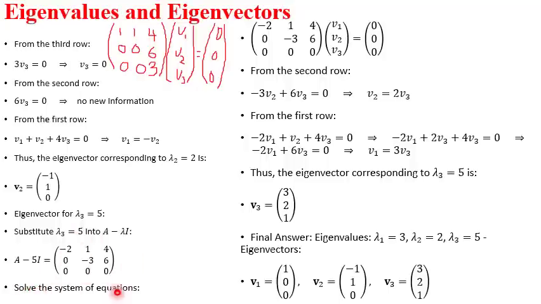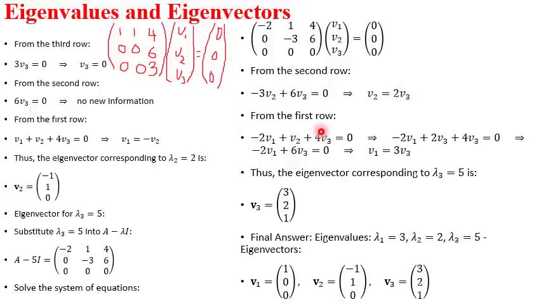So we then begin to solve the system of linear equations, and in doing that, we discover that beginning from the second row, we've got minus V2 plus 6V3 equals 0. It then means that V2 will be equal to 2 multiplied by V3.